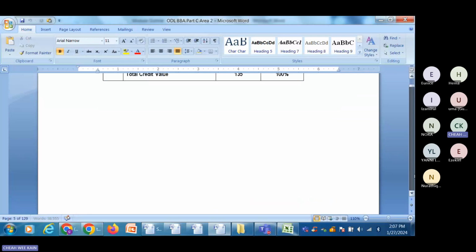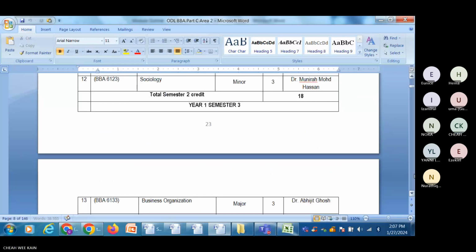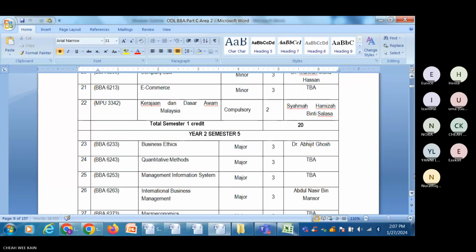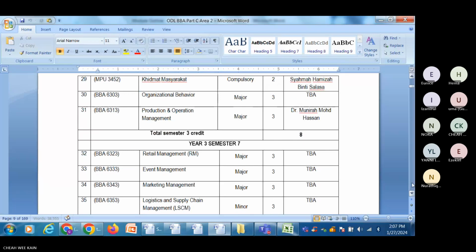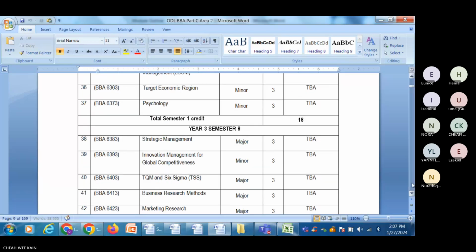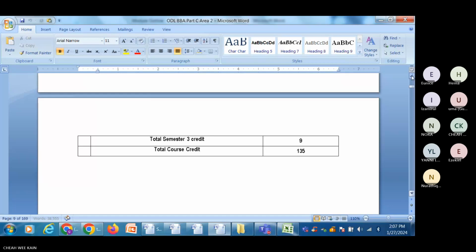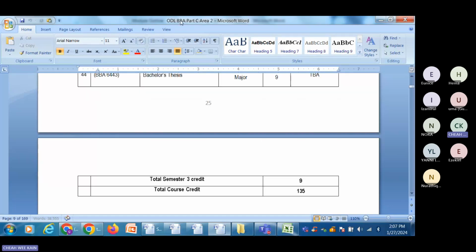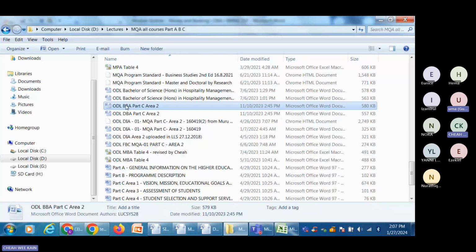This is what was given to the Malaysian government for your course. Oh, this is BBA, sorry. Let's look for DBA.